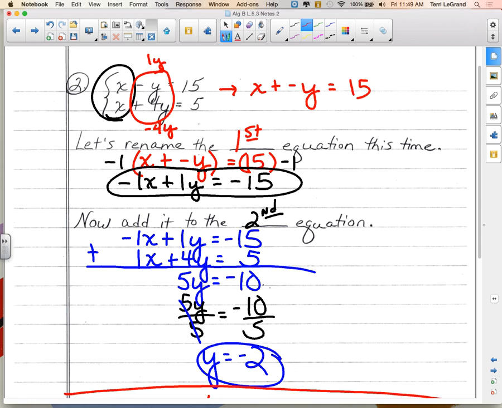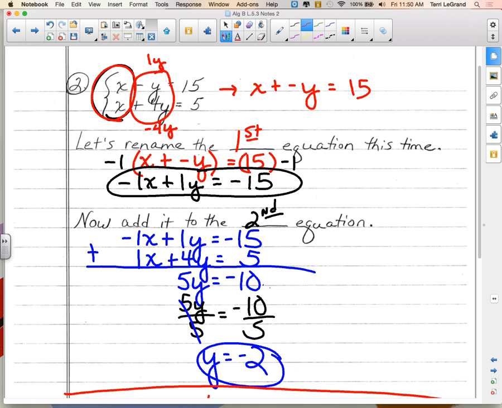1y and -4y, are they opposites? No. So what's going to happen is we're going to end up eliminating the x's because that's where we're going to create the opposite. They're going to go away and we're going to be solving for y first. So when we're using this method of multiplying by -1 to one of them, the only ones that can eliminate in this one are the x's.